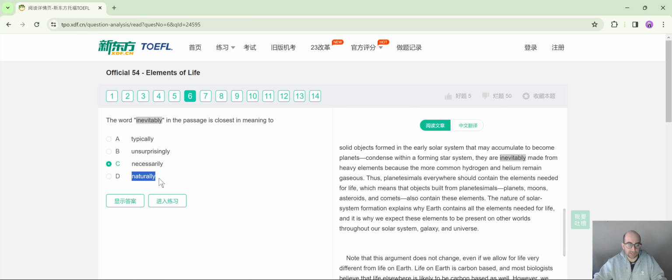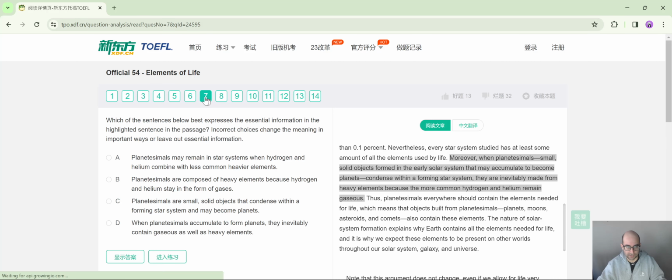Choice D, naturally, actually does mean inevitably too in some contexts, but it's not based on this sentence. And if we have this because, giving it a reason, they're inevitably made from this because of this reason, naturally is not strong enough. So choice C makes more sense in this particular context. So keep that in mind. All right, so yeah, choice C is the right answer.